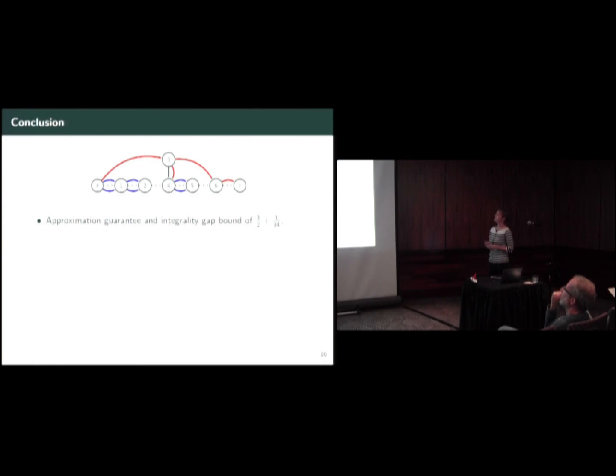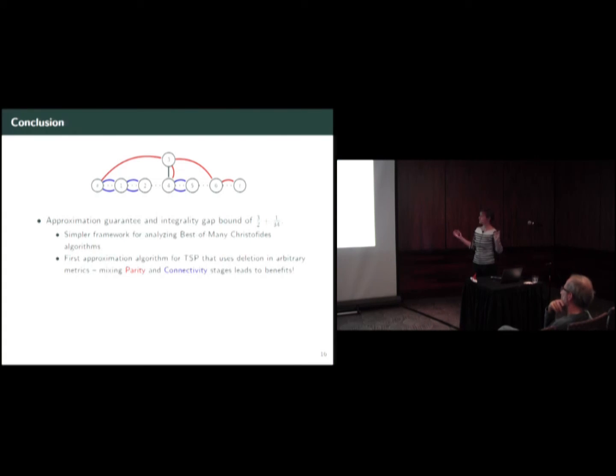Okay, so to summarize, we get an approximation guarantee and integrality gap bound of 3/2 plus 1/34. We give a simpler framework for analyzing these best-of-many Christofides algorithms, and we use deletion in arbitrary metrics to get an improved result. So it mixes the parity and connectivity stages of the algorithm.